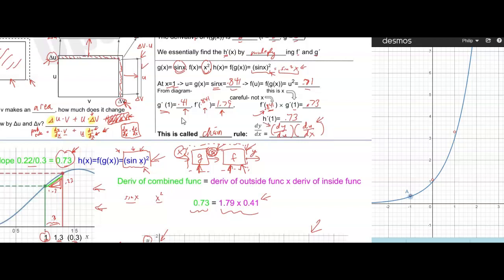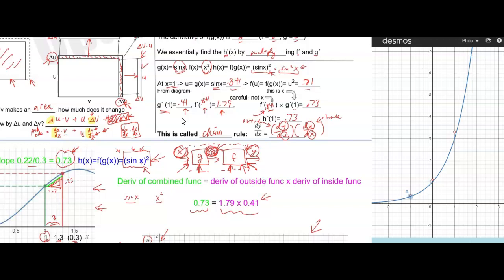Well, remember, the outside function is this second box, and the second box has an input of u and an output of y. The first box has an input of x and an output of u. So that's why this is the inside function derivative, and this is the outside function derivative.